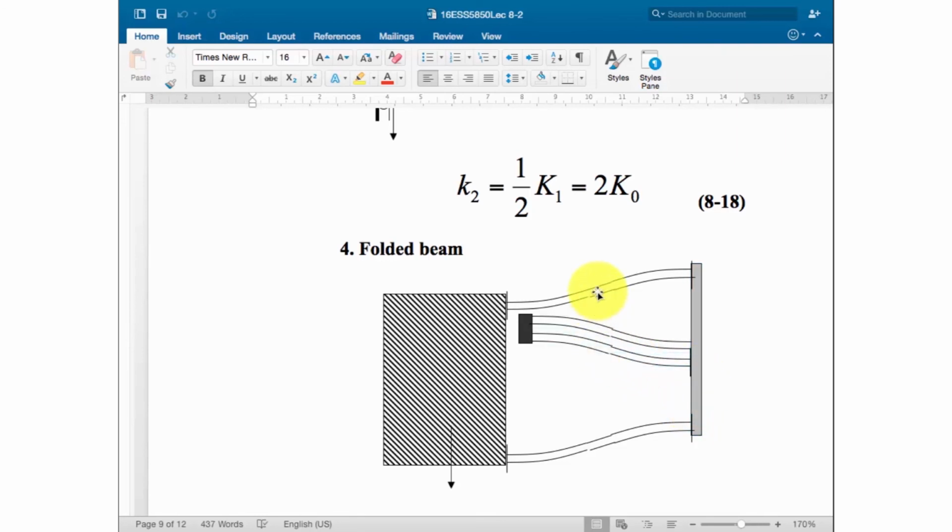But you have another spring connecting them together. So this connection is a parallel connection, not a series connection.